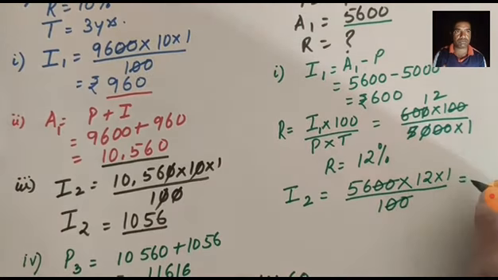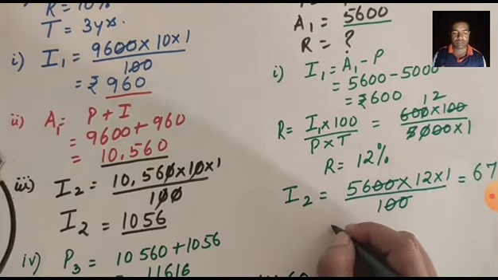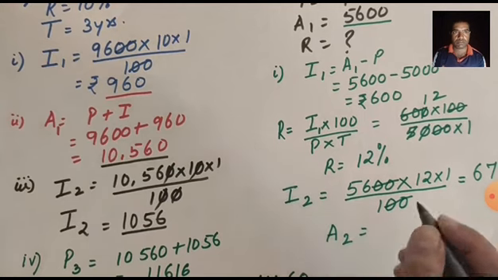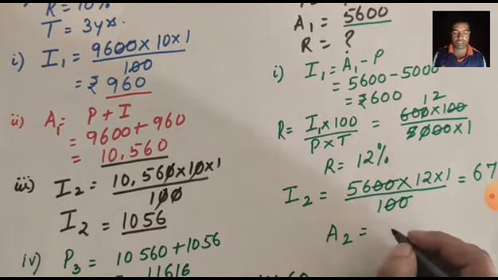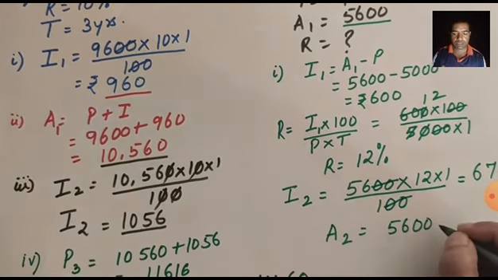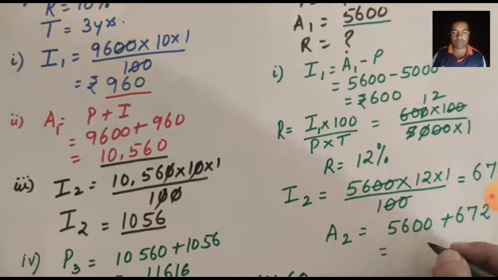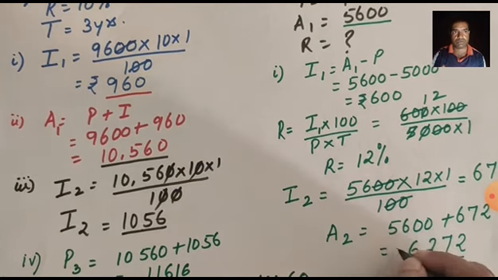So 56 into 12 will be 672. So the amount of the second year will be 5,600 plus 672, which will be 6,272. Got it now? So this is your answer.